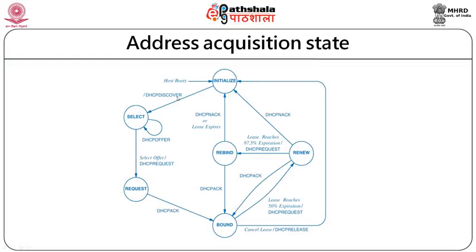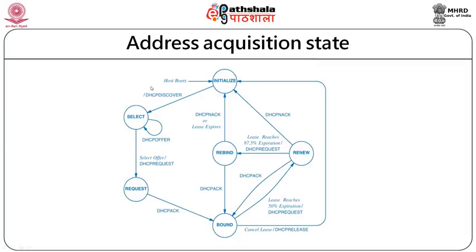Basically I am finding out which DHCP server is available nearby to me. That is the job of the discover. Discover will broadcast, and it will find out all the servers which are available nearby, and you have to select one of them.